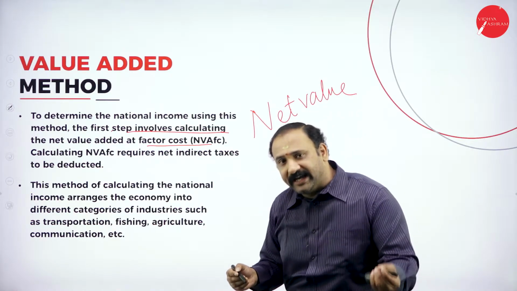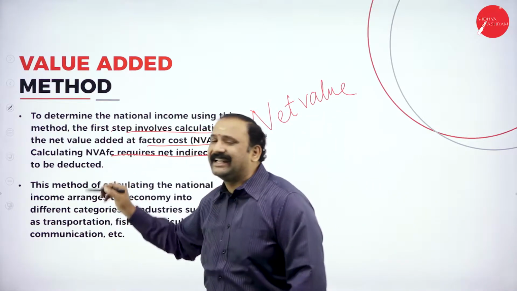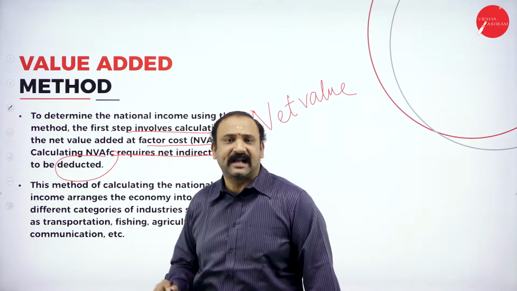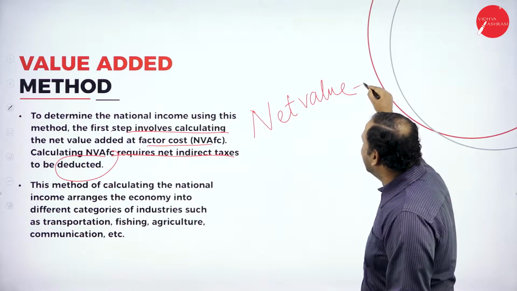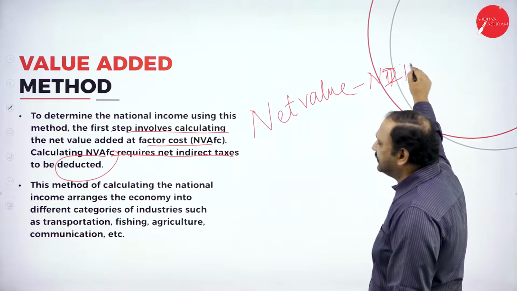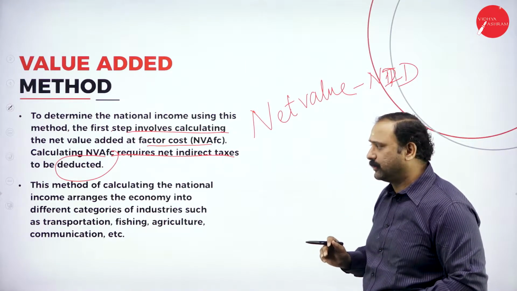Calculating the net value added at factor cost requires net indirect taxes to be deducted. So from here, we would subtract the net indirect taxes. I would write it down as NID, net indirect taxes, to be subtracted altogether.